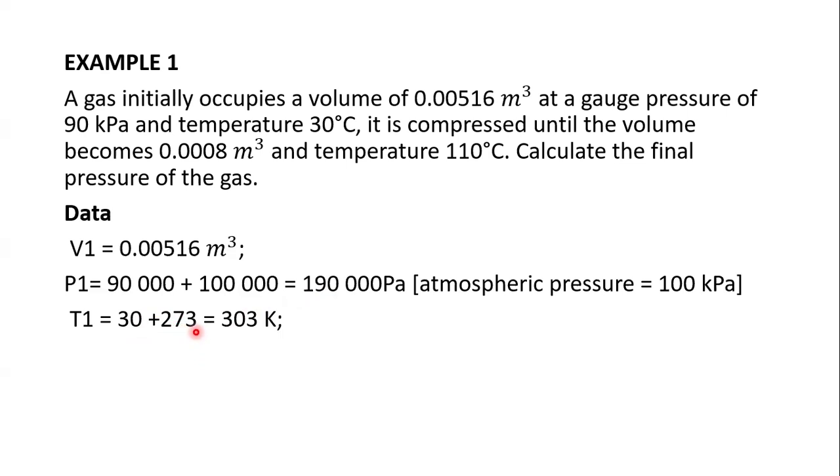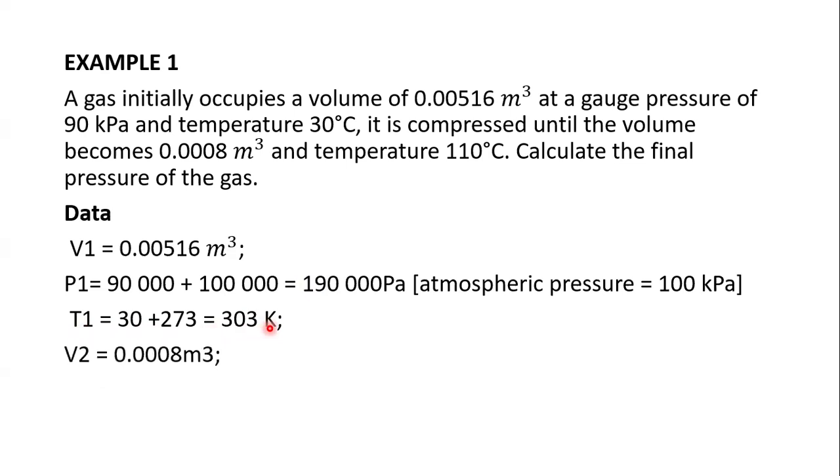So if you are lagging by 273 units, you have to add them the moment you're dealing with the absolute value. So converting, just add 273 to the Celsius value, then you've converted. So what we have here is 303 Kelvin.